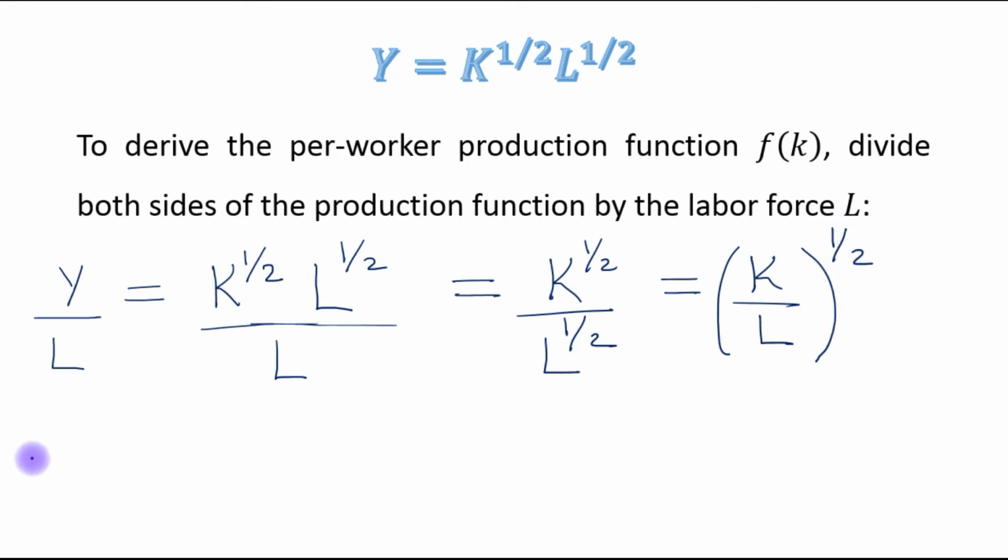Okay. Next step, we can write y by L as small y, equals k by L, which can be written as small k raised to the power half. So output per worker equals capital per worker raised to power half, that is under root k.